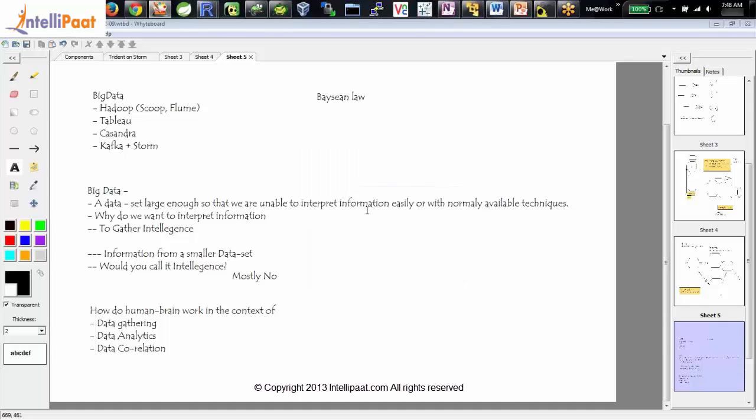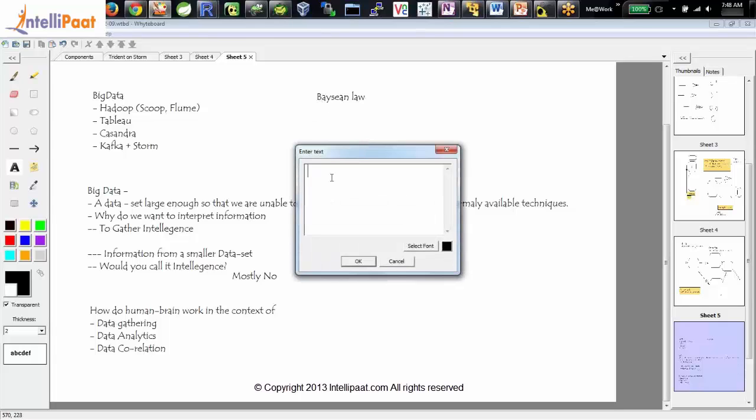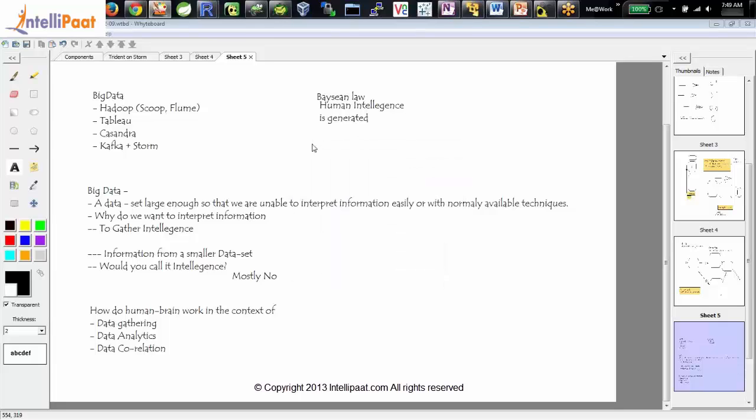This is mostly how human intelligence is generated. We take a larger data set, try to find a particular pattern or information from that data set, and then make a judgment.